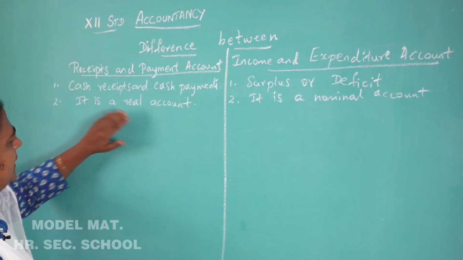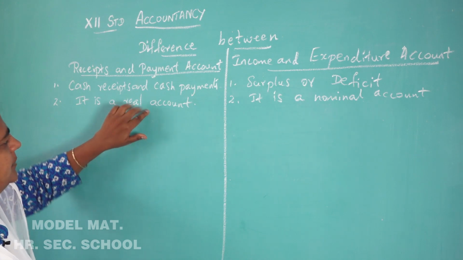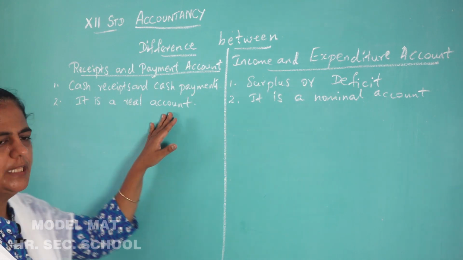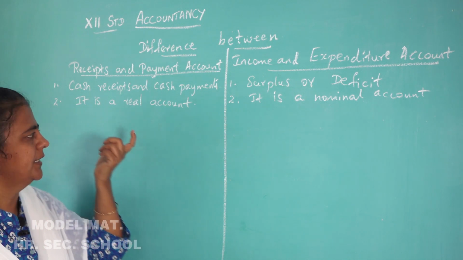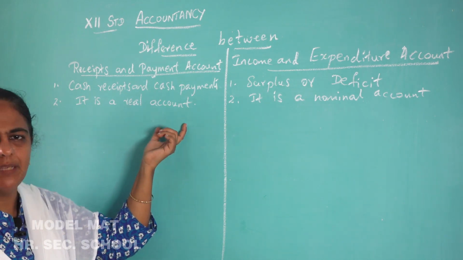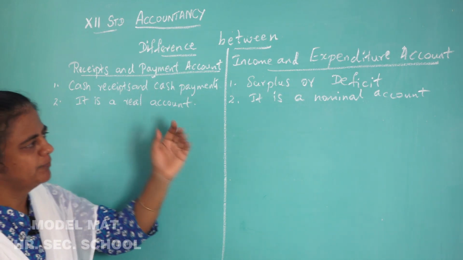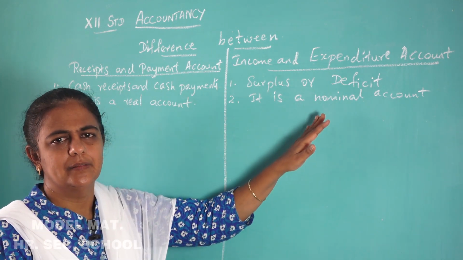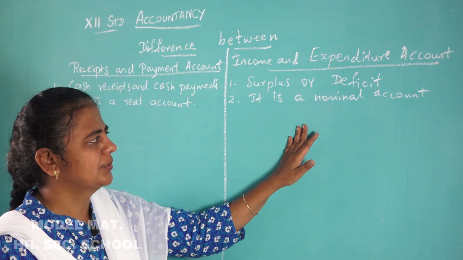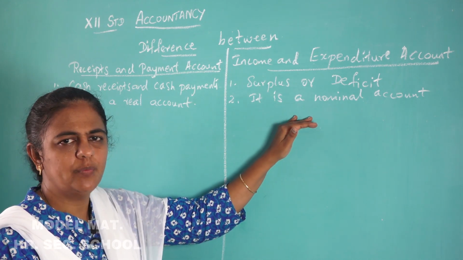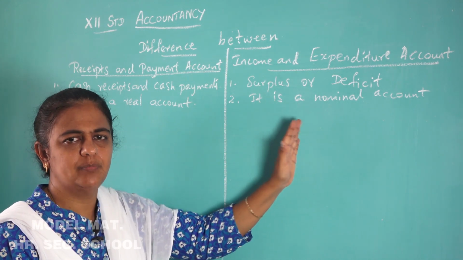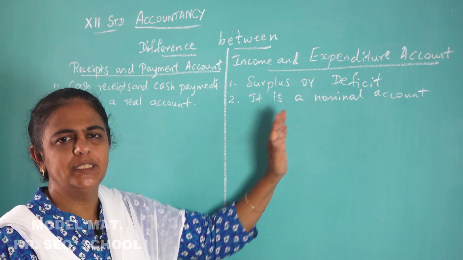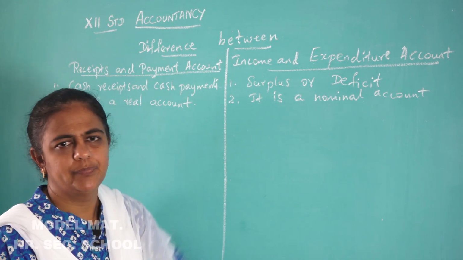Receipts and payments account is a summary of cash receipts and cash payments. All the cash receipts are written on the debit side and all the cash payments are written on the credit side. Income and expenditure account is an account of all the income and expenditures. Here we enter all the expenses on the debit side and all the incomes on the credit side. Is it clear?